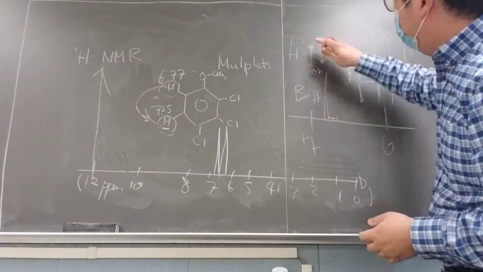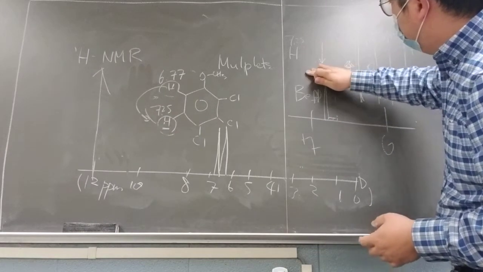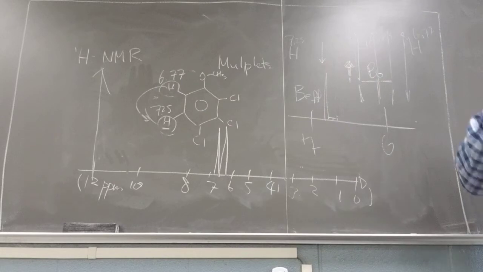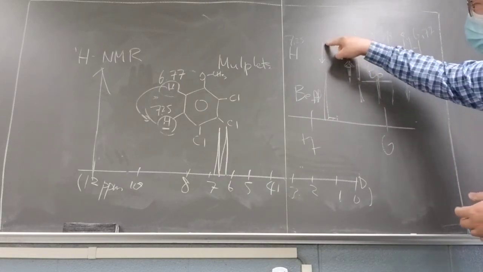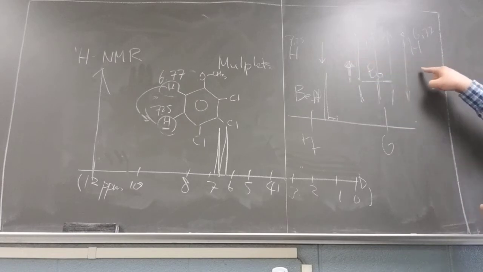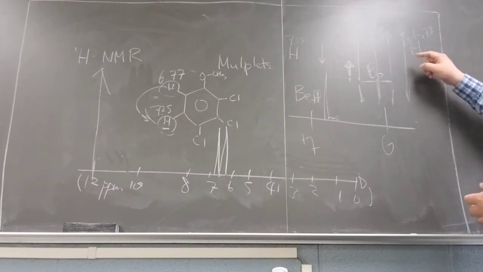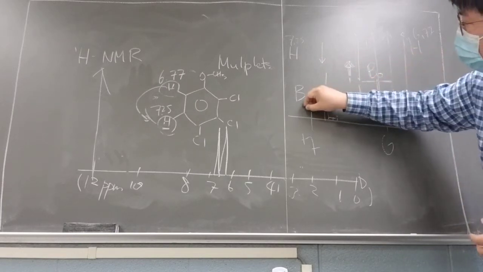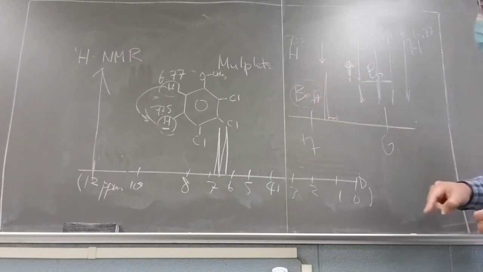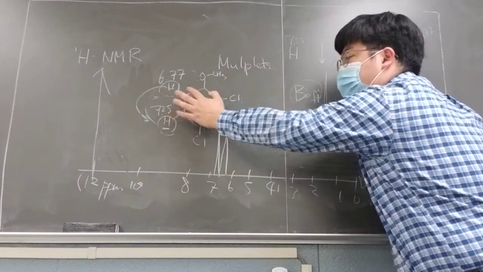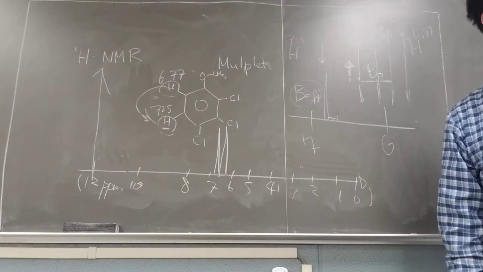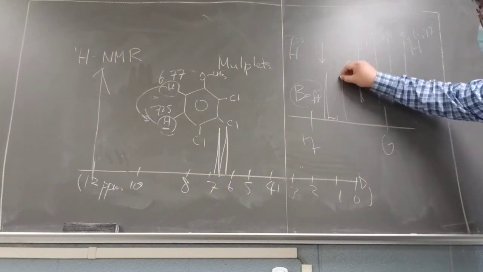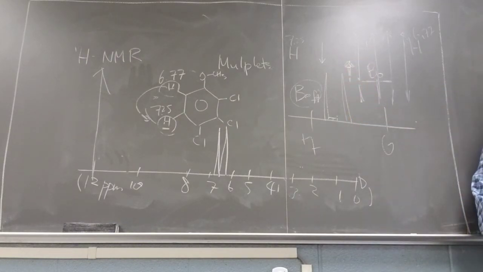But the problem is, sometimes they go in the opposite direction. So it actually goes against the external magnetic field direction, which makes the effective magnetic field that this proton feels weaker. So they go to the right side.